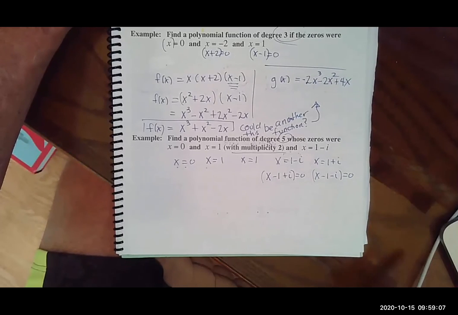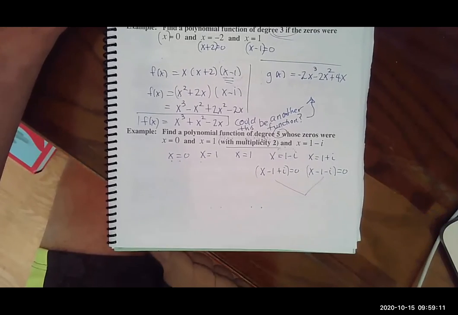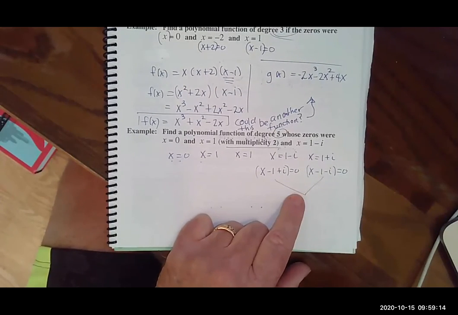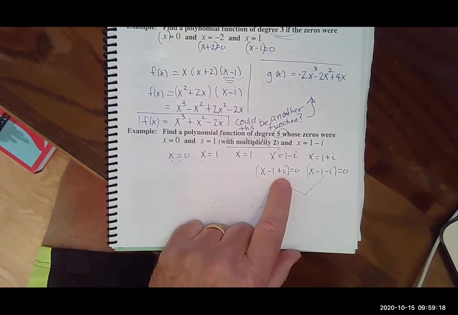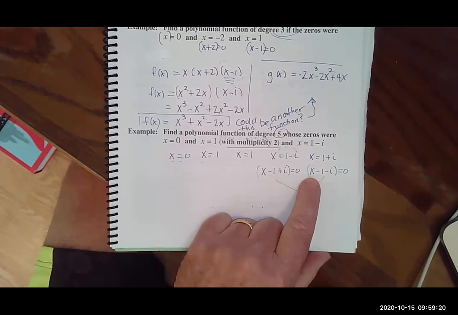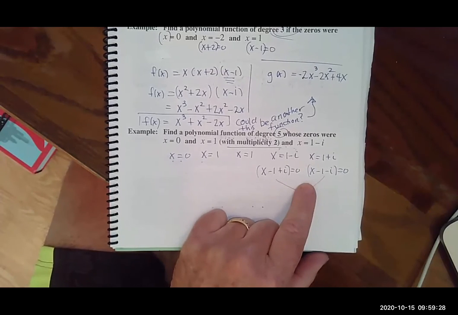And Bonnie, I'm going to suggest that you work with these two first. And it's not FOIL like a binomial, but they're 3 terms. It's messy, but when you're done, it'll come out really nice, Bonnie. And there's not going to be any i. If you do it correctly, there won't be any i left over.